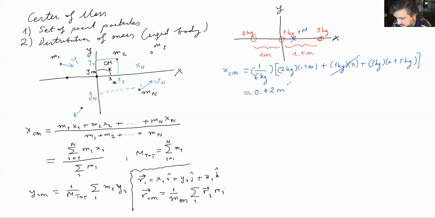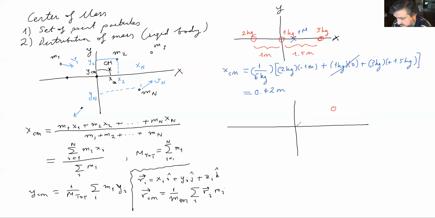So what if I shift these masses? Let's say I take the mass on the right, which is at 1.5 meters. I'm going to take that object and move it up a little bit and bring it here.